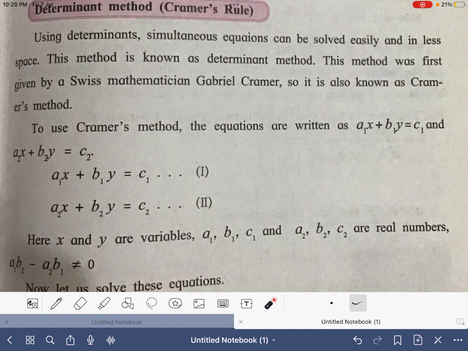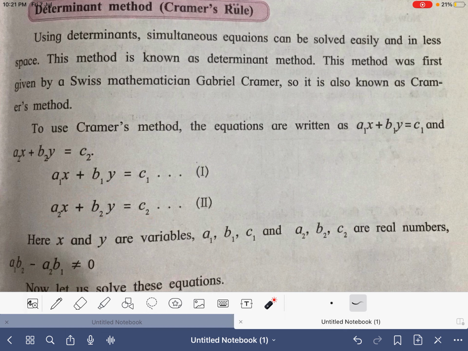Now, a1 is the coefficient of x, b1 is the coefficient of y, and c1 is the constant in the first equation. Similarly, a2 is the coefficient of x, b2 is the coefficient of y, and c2 is the constant for the second equation. Clear?